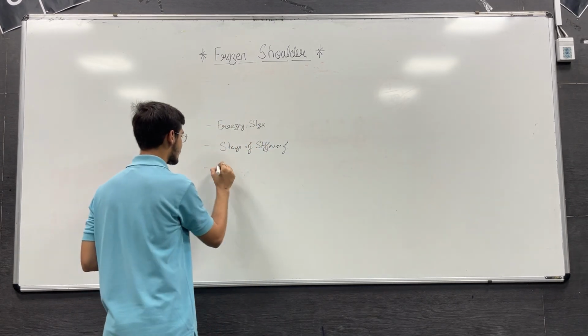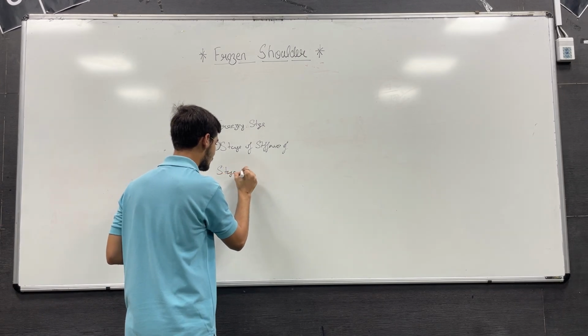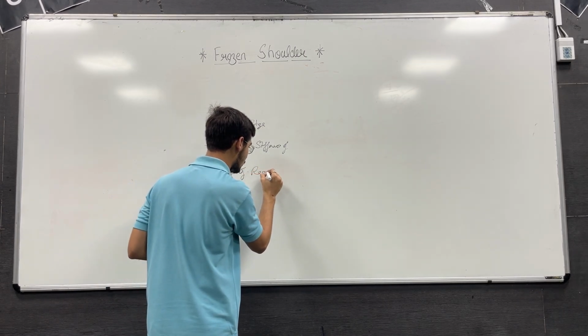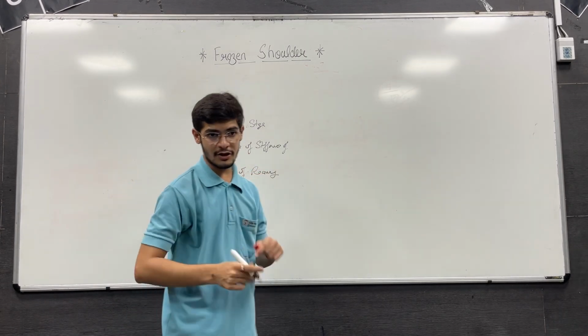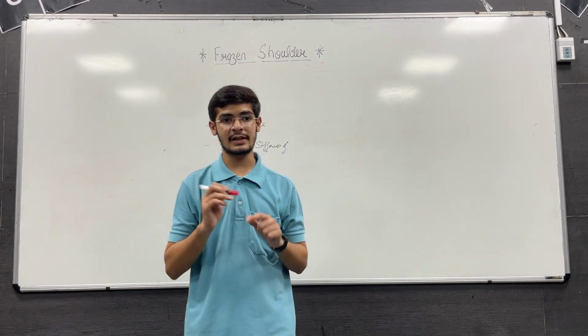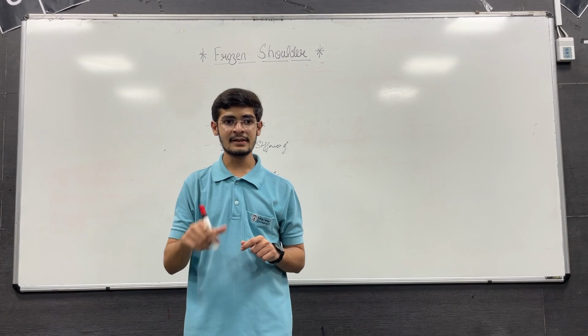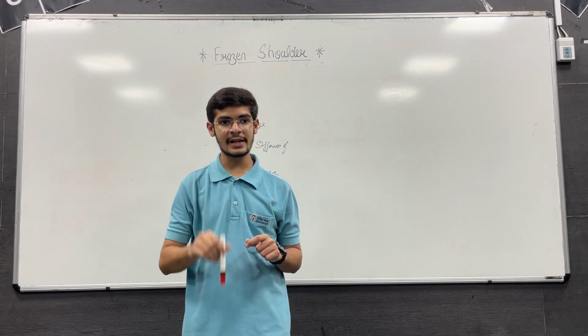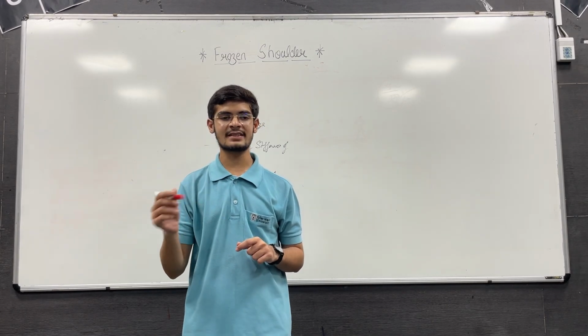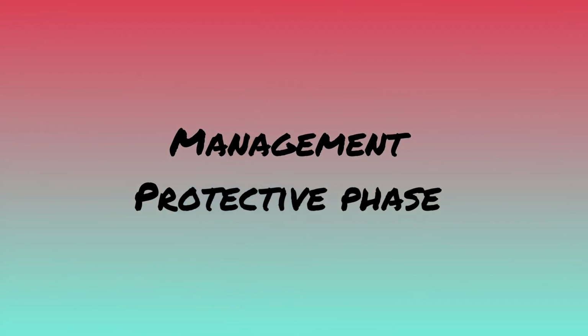The next is the stage of recovery, which is also known as the stage of restoration. This generally lasts for 10 to 40 weeks, and in this stage the pain will be totally absent, the stiffness will gradually decrease, and there will be improvements in the range of motion.